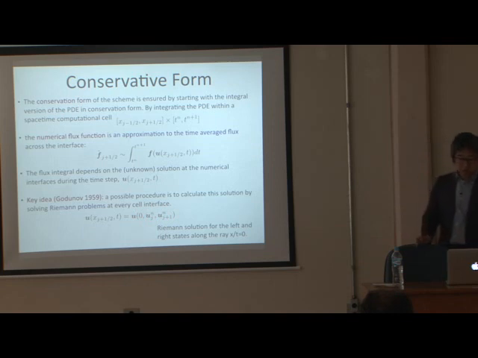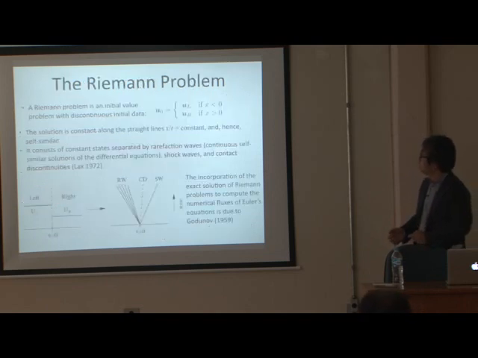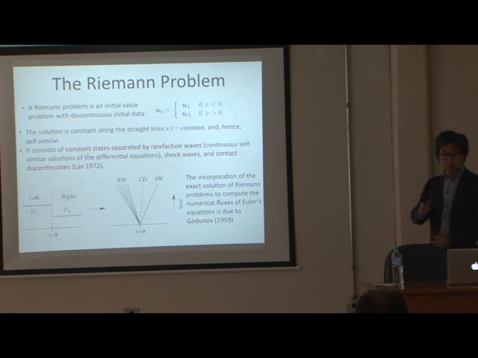So previously I talked about the characteristic. Characteristic information is important for the propagation of the information up to solving the waves. This is the same in hydrodynamics. We need to think about what kind of information is propagated to the next time step. This is what we call the Riemann problem. So the Riemann problem is an initial value problem with a discontinuity in the initial data.